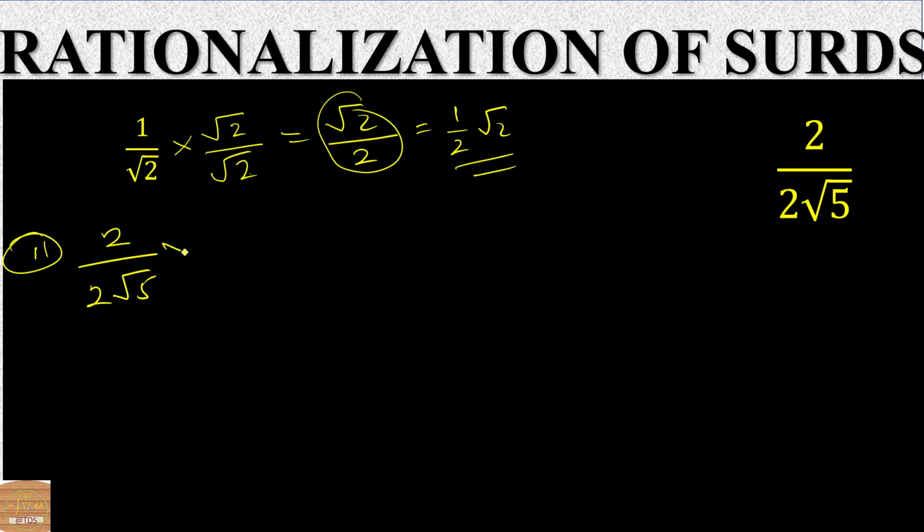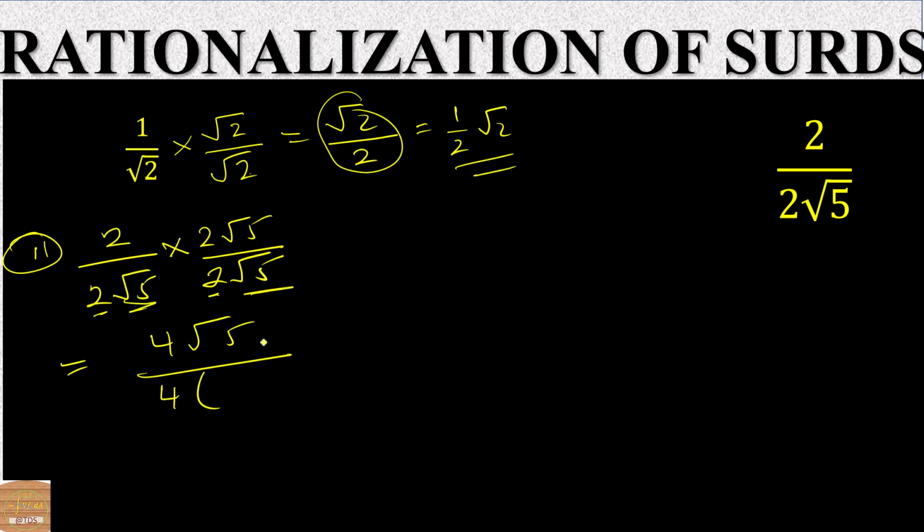I will take everything, 2 root 5. The numerator will be 4 root 5. 2 times 2 is 4, then root 5 times root 5 is 5. So this one will cancel this, and we have root 5 over 5.